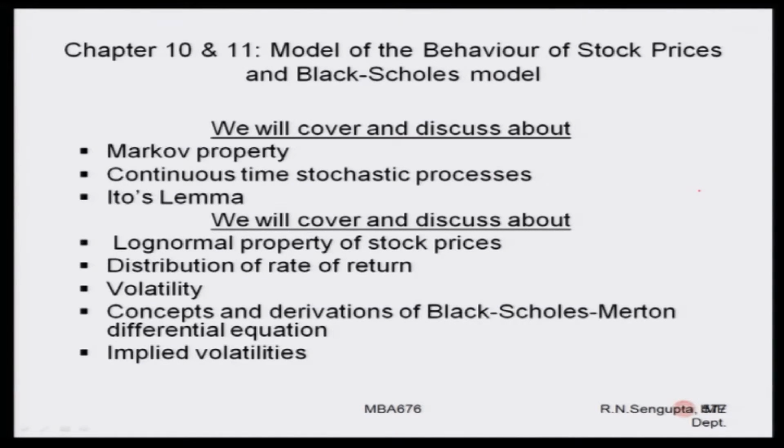So, now we will go to the next topic, we will cover and discuss Markov. This topic we will try to keep very simple. We will consider the Markov property, the continuous time stochastic process, Ito's lemma, and the Wiener process, based on which the Black-Scholes models are done. We will cover and discuss very simply the log normal property of stock prices, the distribution of rate of returns, the concept of volatility and the derivation of the Black-Scholes model in a very simple manner.